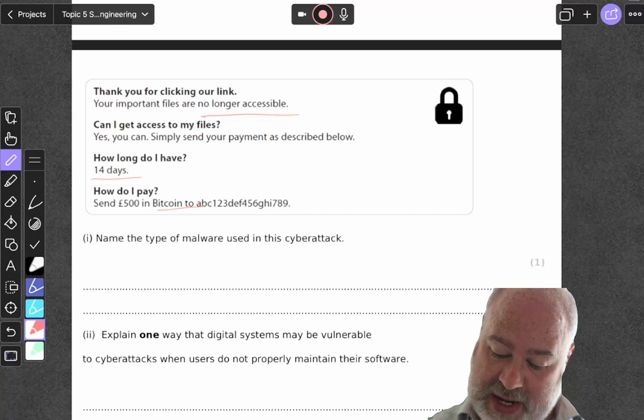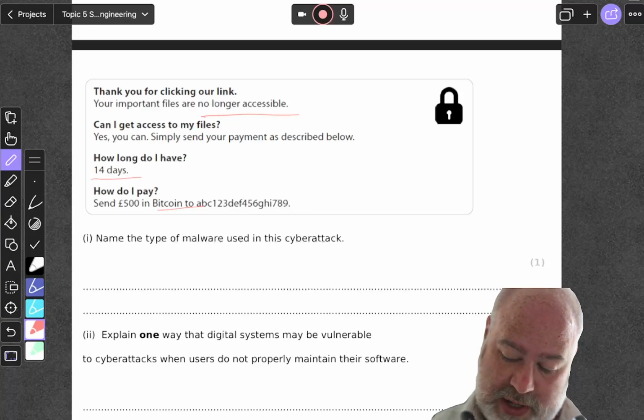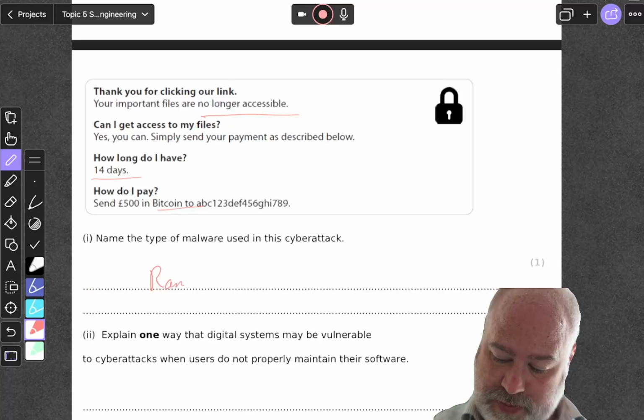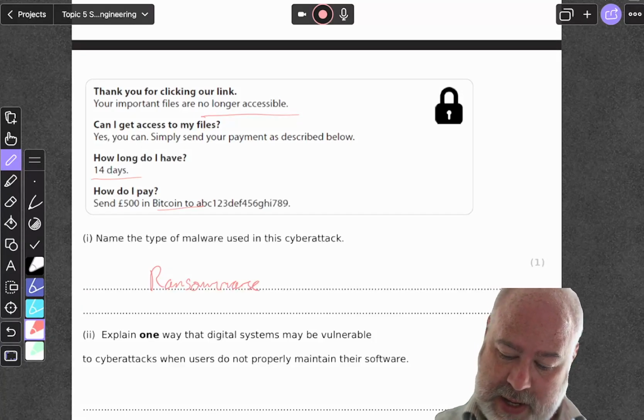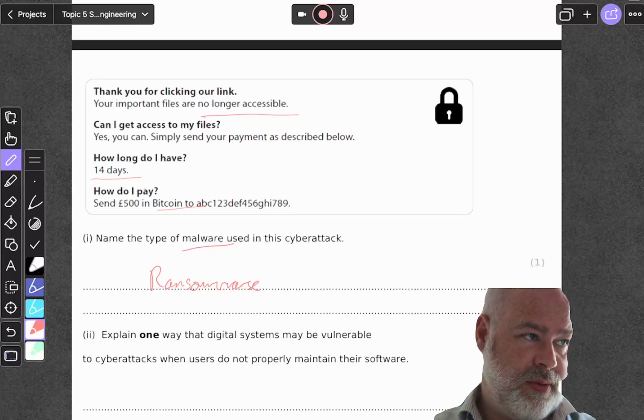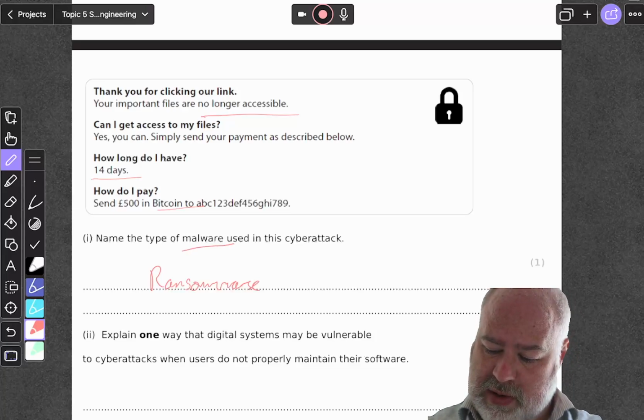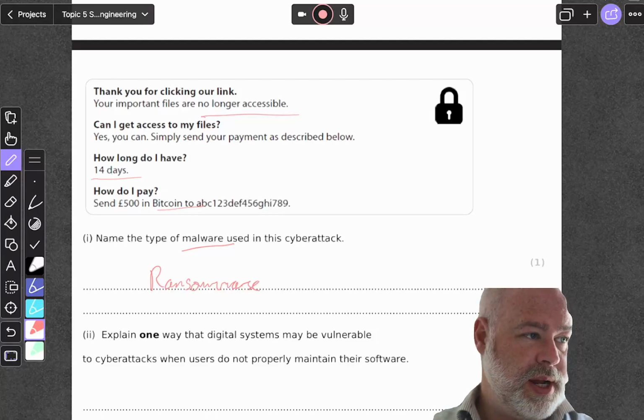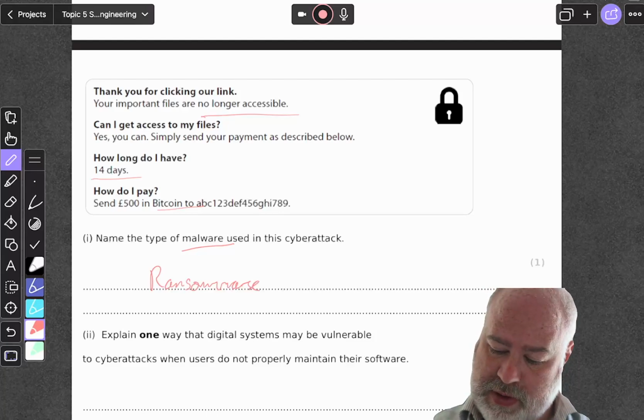Bitcoin, red flag here. Okay, what is the malware used in this attack? Well, this is ransomware. It's a ransomware attack. That is the type of malicious software that we're using here. It's a phishing scam, but it's going to be ransomware.